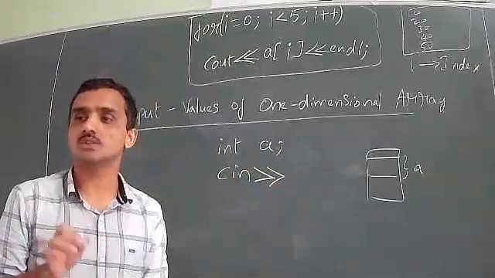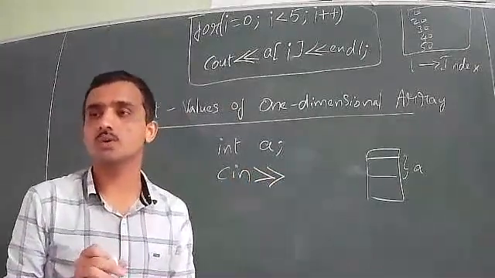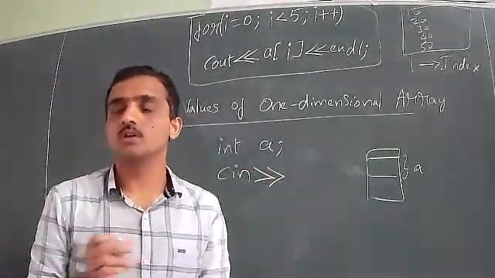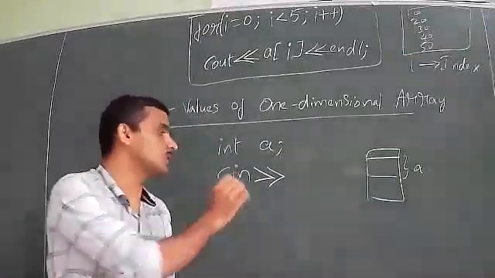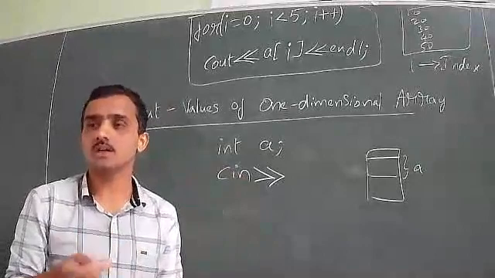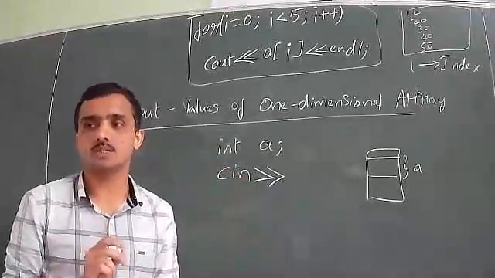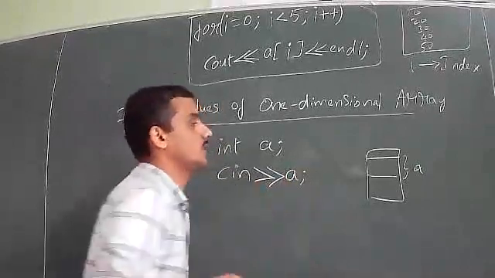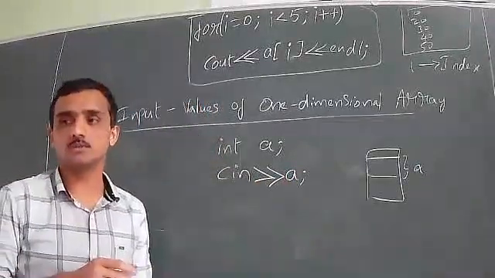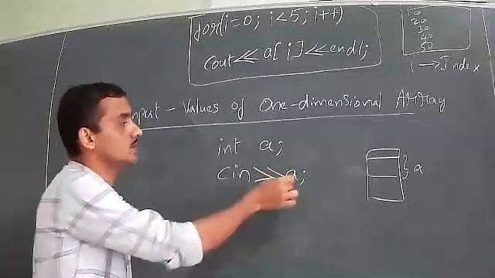Insertion operator is used for cout; extraction operator is used for cin. I'll tell you how to remember: extract the values from the keyboard, because input refers to keyboard. So it is called the extraction operator. So cin extraction operator a. This is how we take the value from the keyboard and store it in variable a.